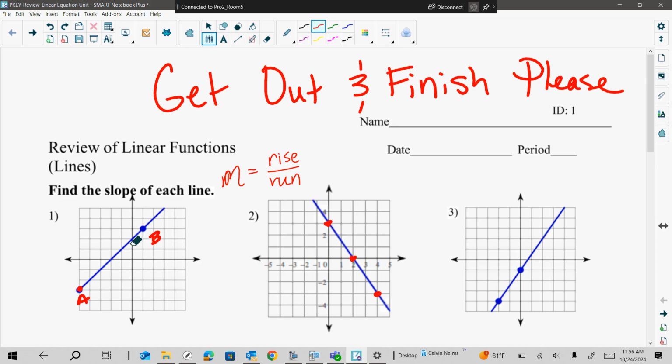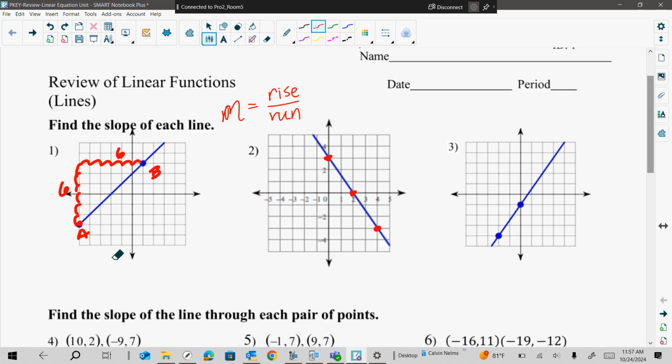You're counting your rise over run, so you can either count from point to point. It's a rise of 6, and then a run of 1, 2, 3, 4, 5, 6. So 6 over 6, this slope would reduce to 1.